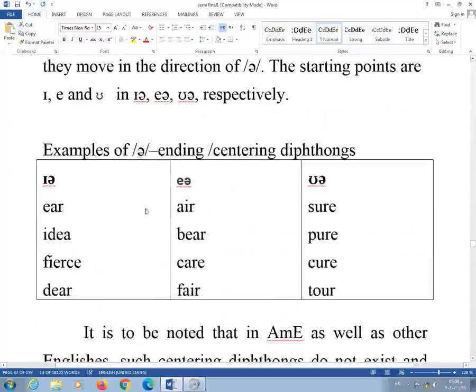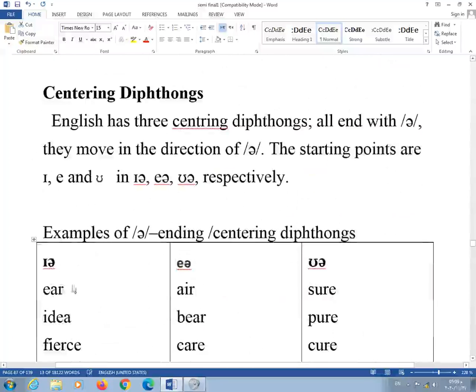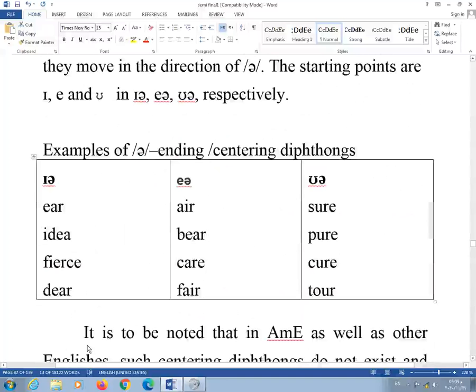Centering diphthongs, this is important, everyone. We have ear, idea, fierce, dear, bear, care, fair. You see how you move from one sound to another? This is the diphthongization. Okay, sure, poor, cure, tour.